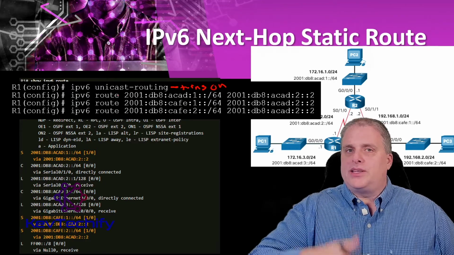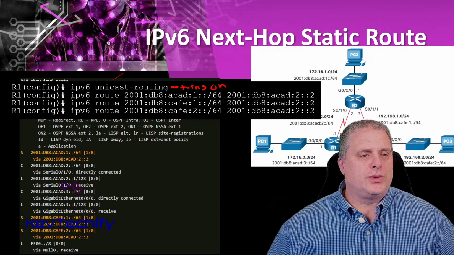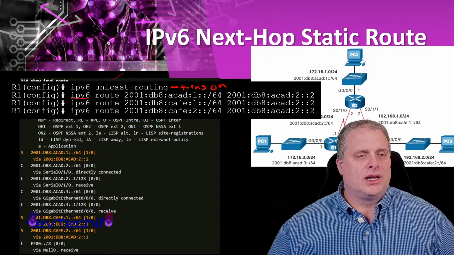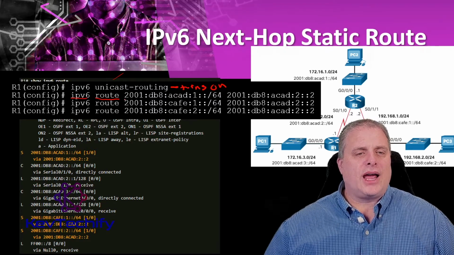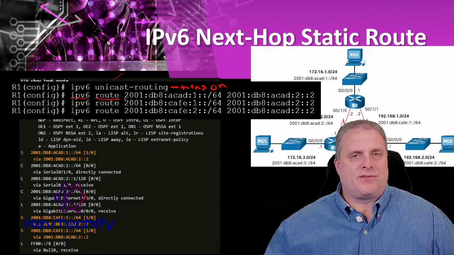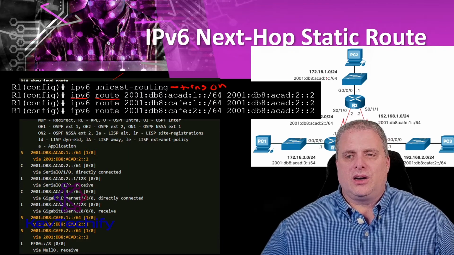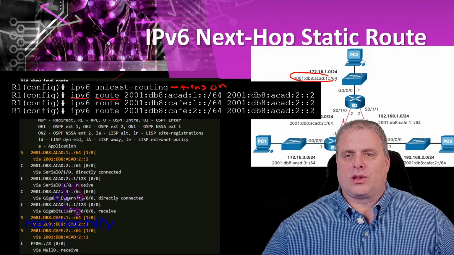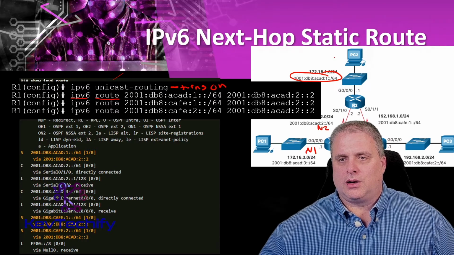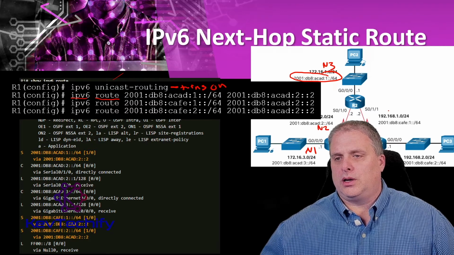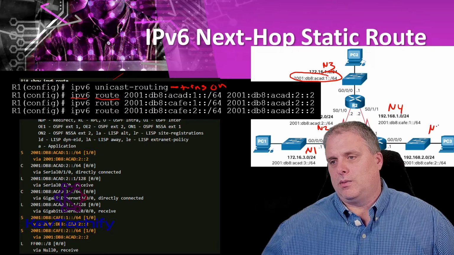And it follows basically the same pattern. We're dealing with the IP version 6 protocol suite. So we start off with IPv6. We're dealing with routing. So the next word is routing. Then we put our network address in here of the far network we're trying to get to. First one we're trying to get to here is our network 3. Let me go ahead and label these once again. Network 3, network 4, and network 5.